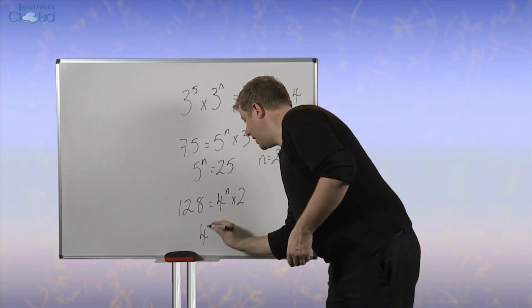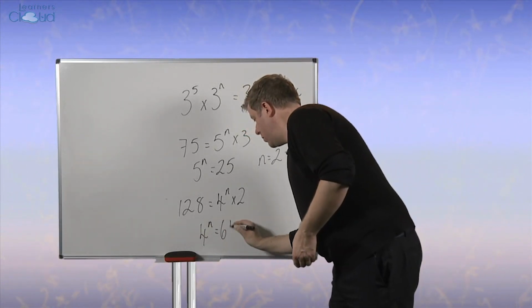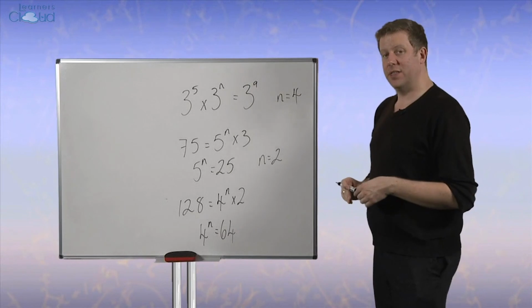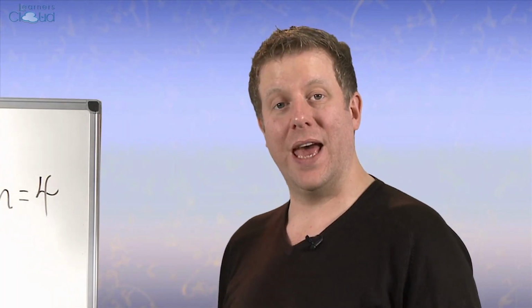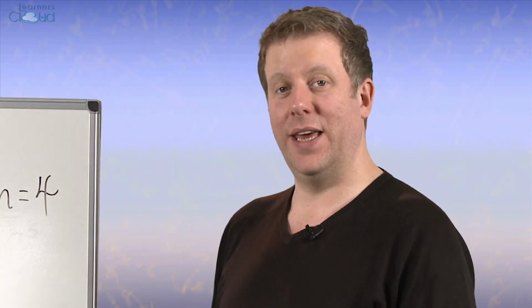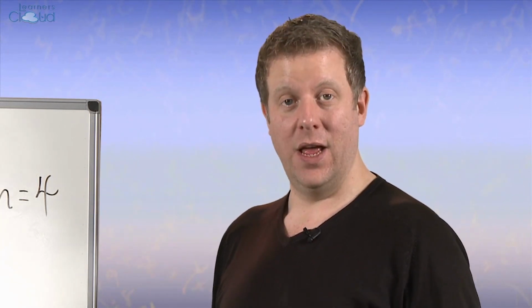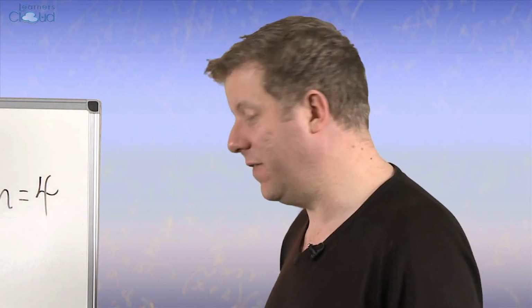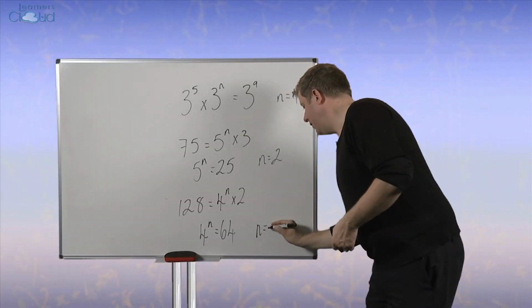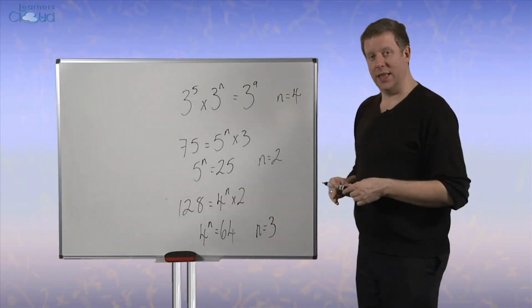So 4 to the power of n, therefore, is worth 64. So now we need to work out 4 to the power of what gives us 64. And when we think about it, 4 to the power of 1 is 4, 4 squared is 16, 4 cubed is 64. So n, therefore, is equal to 3 in this case.